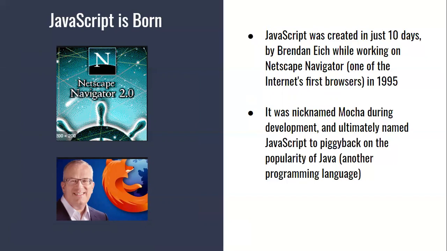It was created in 10 days by this fellow here, Brendan Eich, working on Netscape Navigator. And if you don't know what Netscape Navigator was, I'll have to pull up an old school picture of what it was. That was the original browser. I remember that was the one I started with.